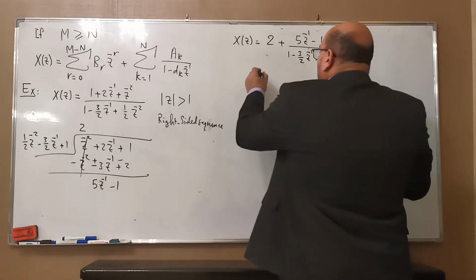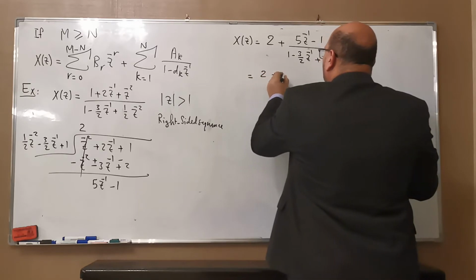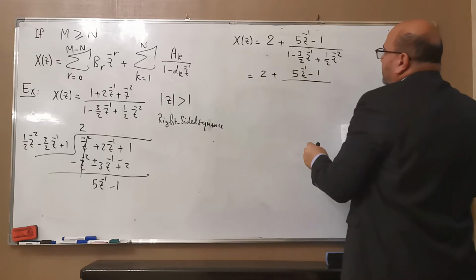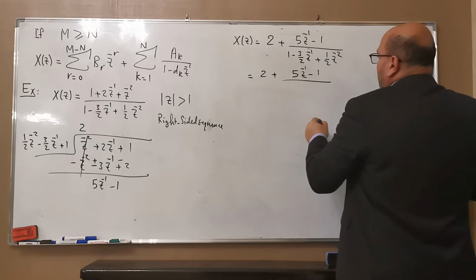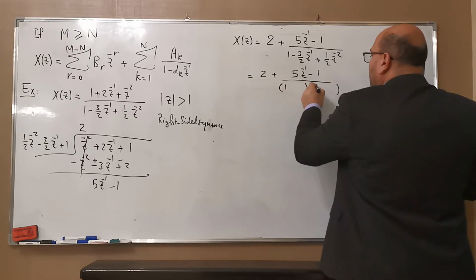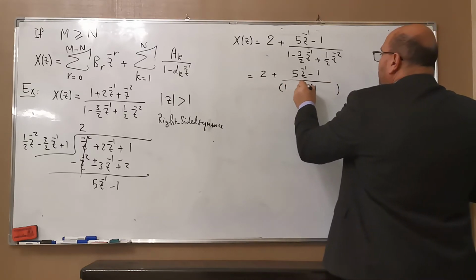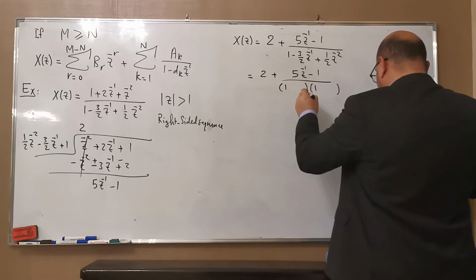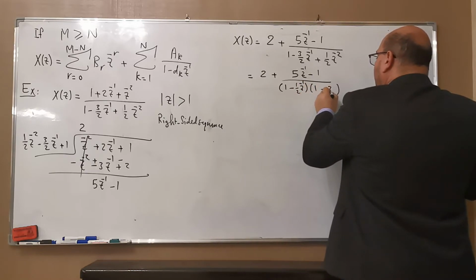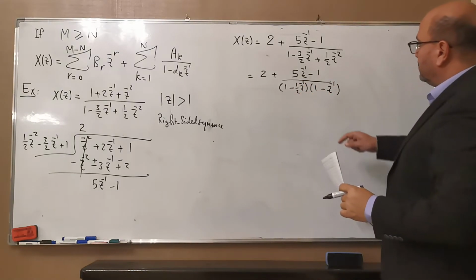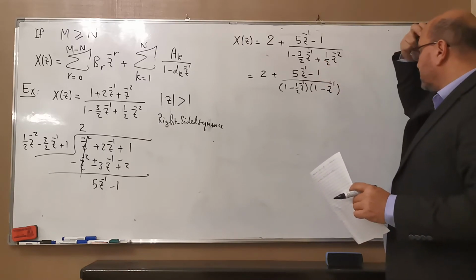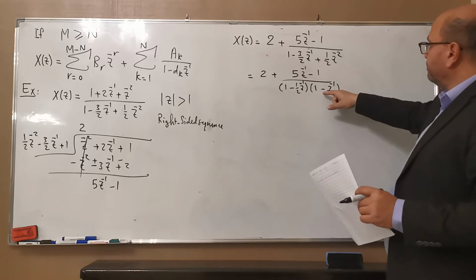Okay, so we can say that this equals 2 plus (5z inverse minus 1) divided by (1 minus 1/2 z inverse)(1 minus z inverse). So this is the factorization of this second order polynomial.